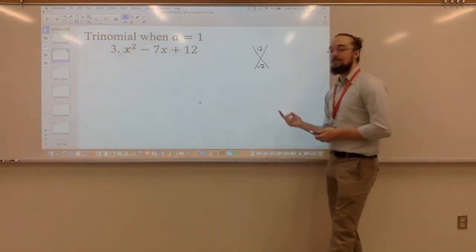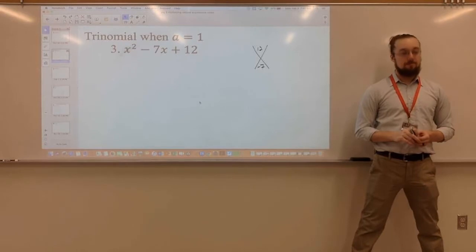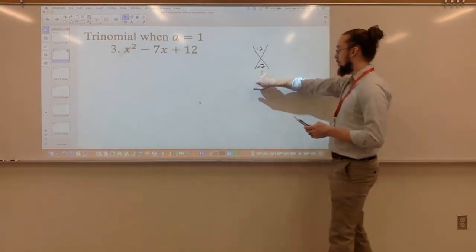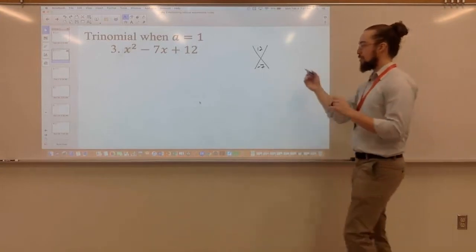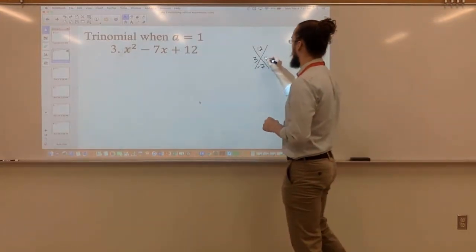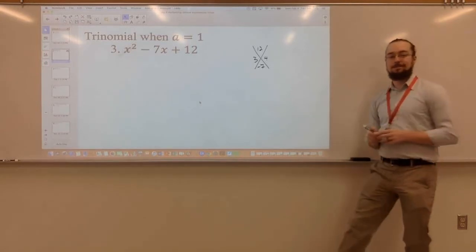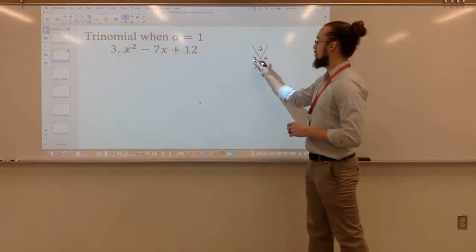So what do I do with this? You multiply 2 factors that equal 12 and add up to negative 7. Exactly. We want to find 2 factors that multiply to positive 12 and add to negative 7. So if we want them to add to negative 7, they're both going to be negative.